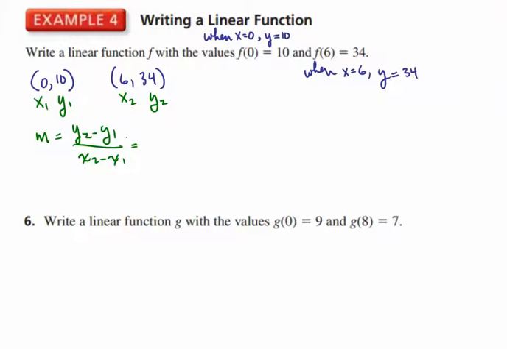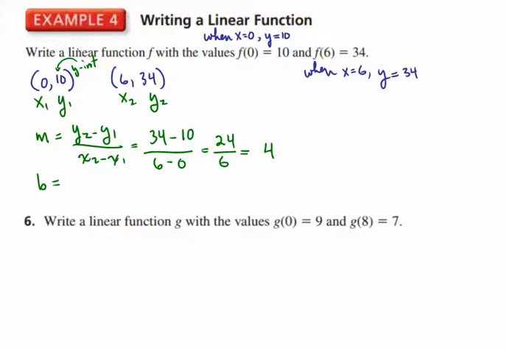So in this case, y2 is 34 minus y1, which is 10, over x2, which is 6, minus x1, which is 0. And so we get 24 over 6, or a slope of 4. Our y-intercept, recalling that the y-intercept is the y-coordinate when x is equal to 0, we can see that's our y-intercept right there.